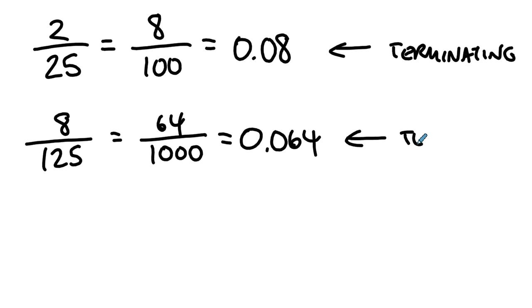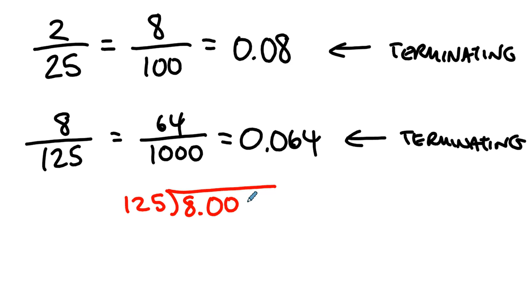This is also terminating. By the way, the other way to do this is to divide 125 into 8. And sure enough, it doesn't go in, goes in 6 times, goes in 4 times.